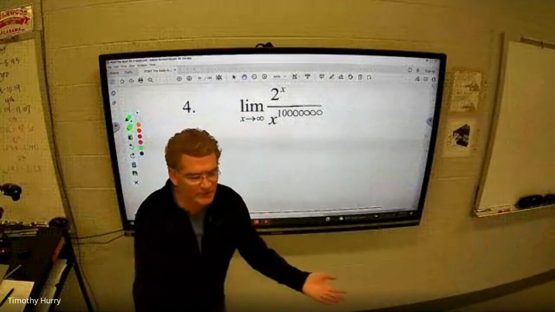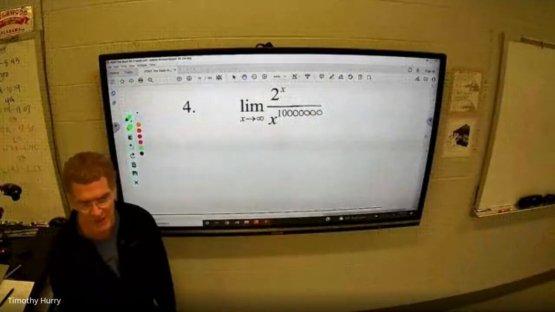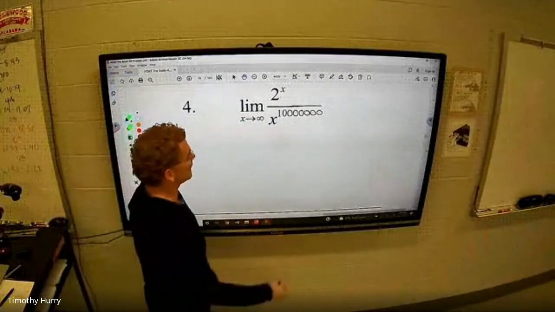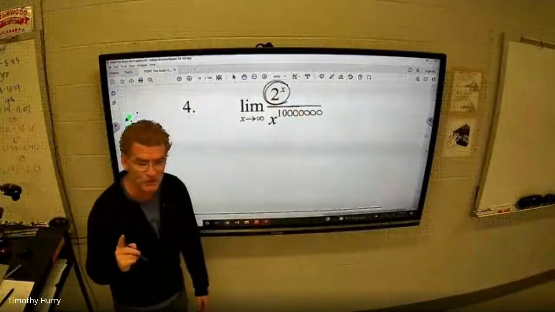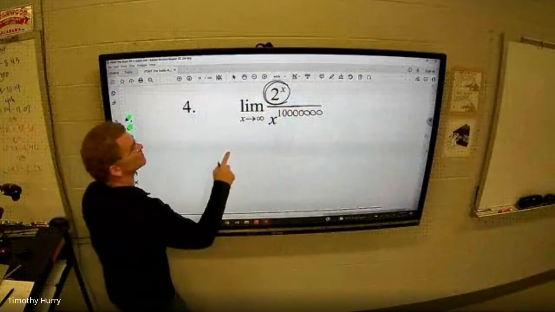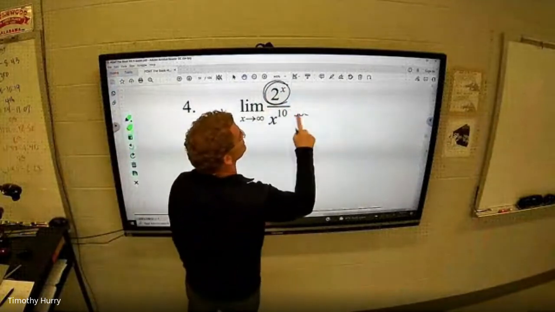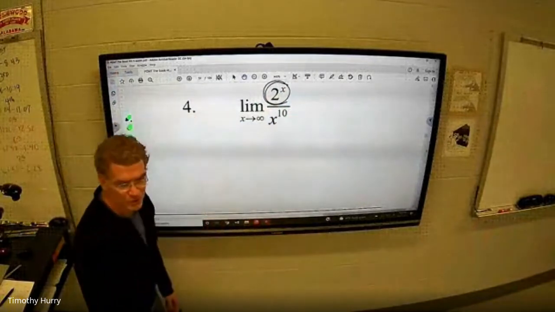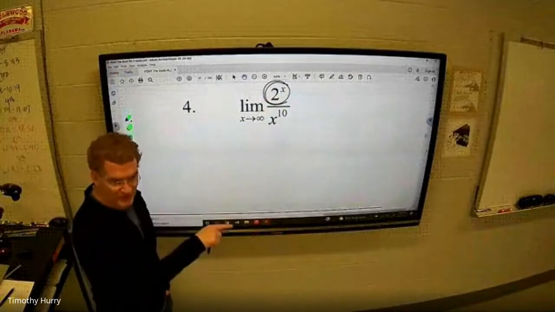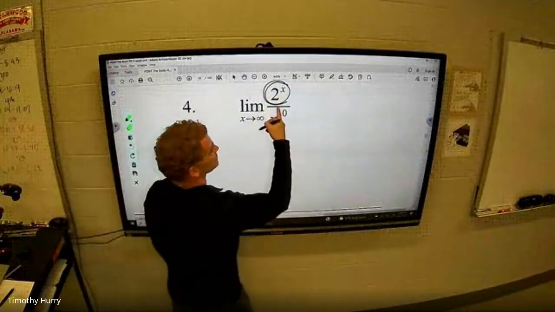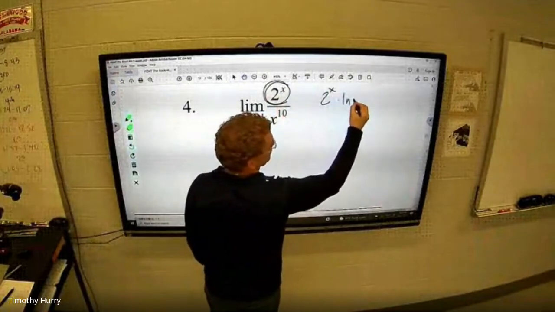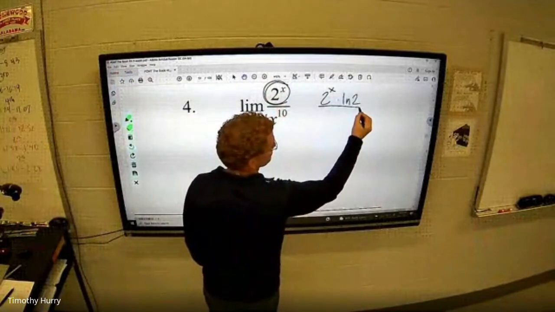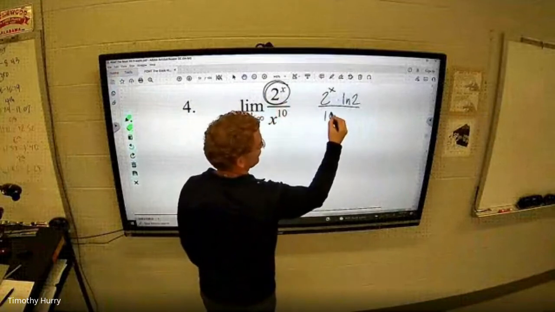There's a proof of that, but it's not a proof class. We're not going to talk about it. I don't know it. But yes, that exponential function is going to outgrow this. And if you knew L'Hopital's rule, I'll go back to just this 10. L'Hopital's rule allows you to take a derivative, okay? When you take a derivative of that, you'd get 2 to the x times natural log of 2, which is just a constant, and then you'd have 10x to the 9th.